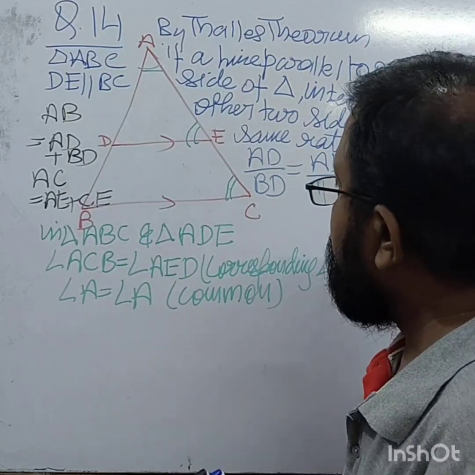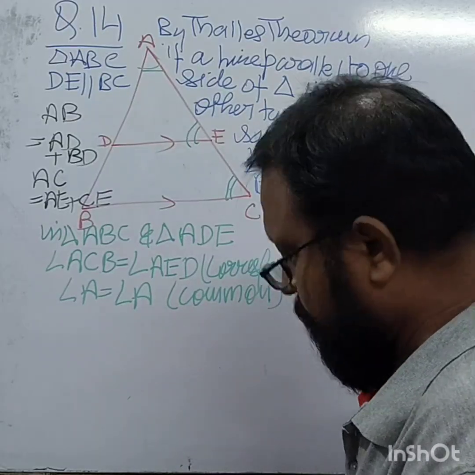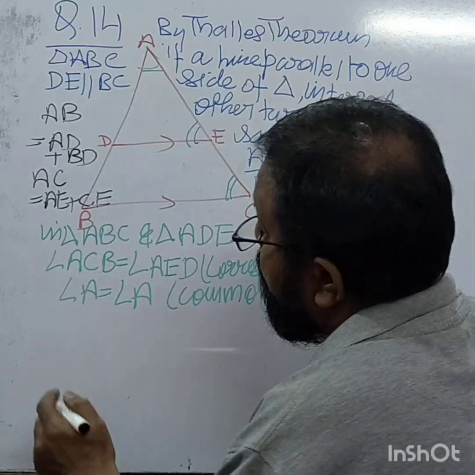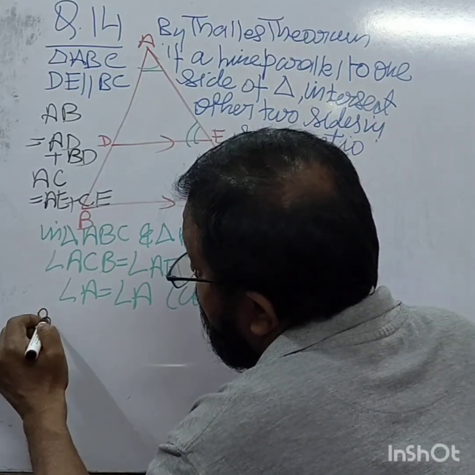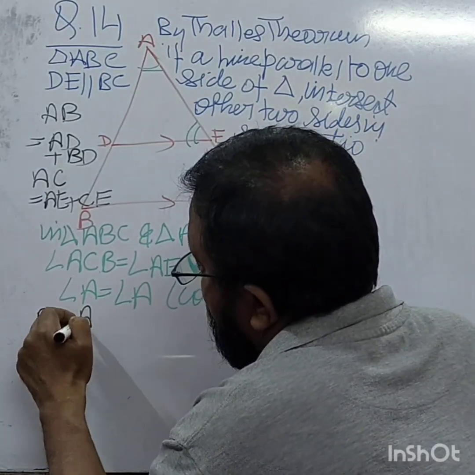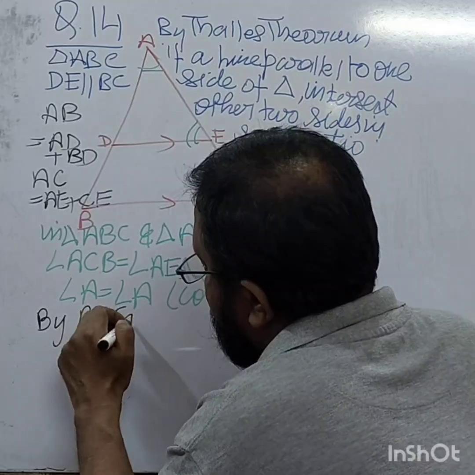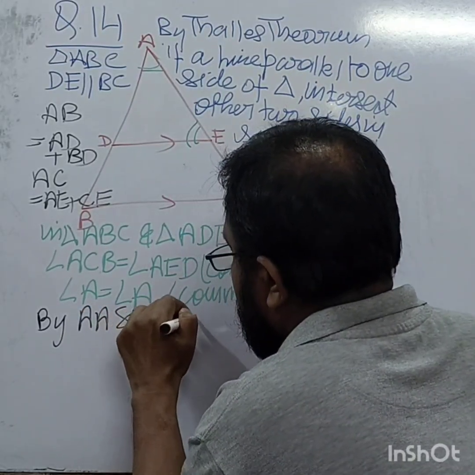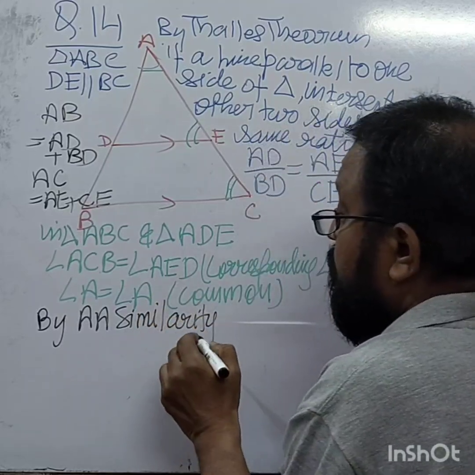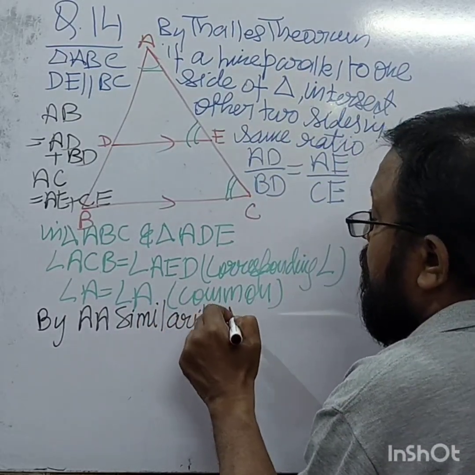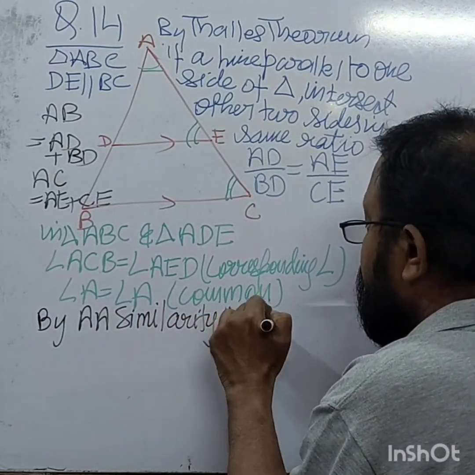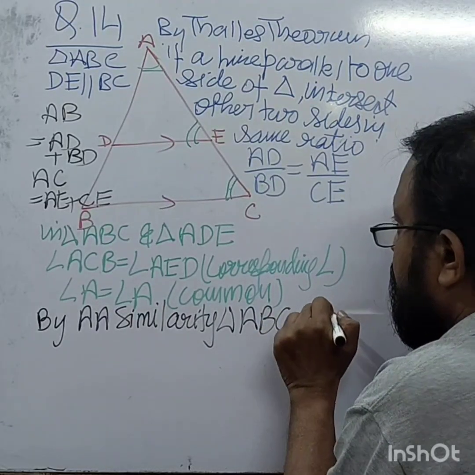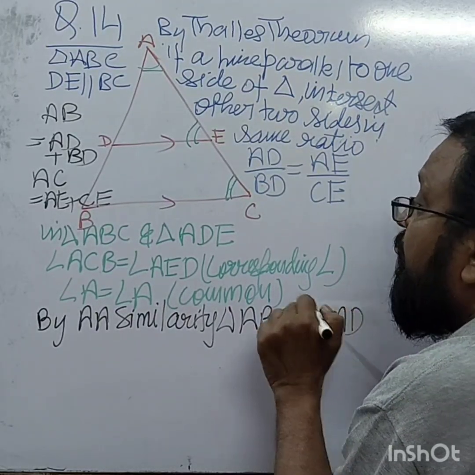Right? So this is what? By similarity, triangle ABC is similar to triangle ADE.